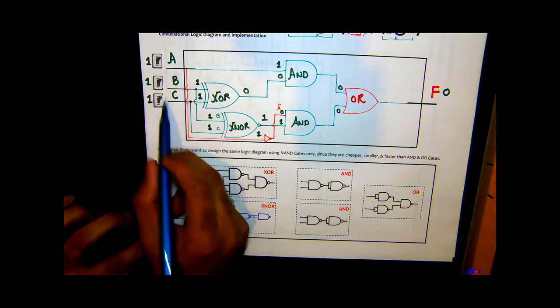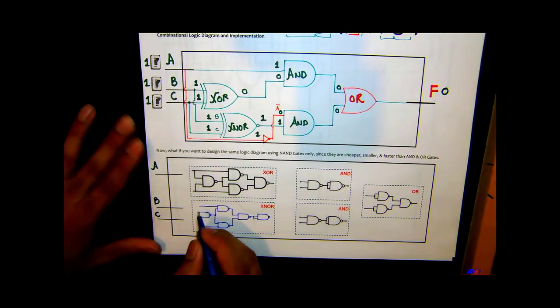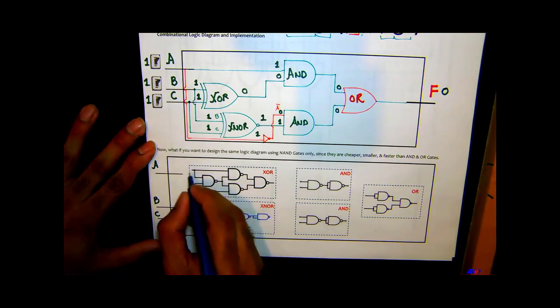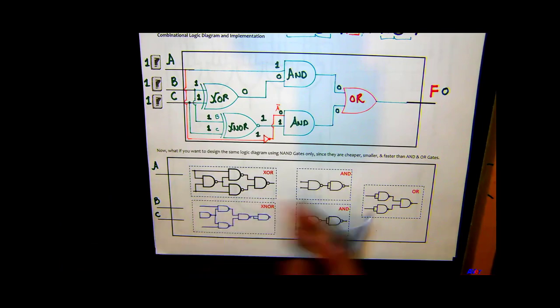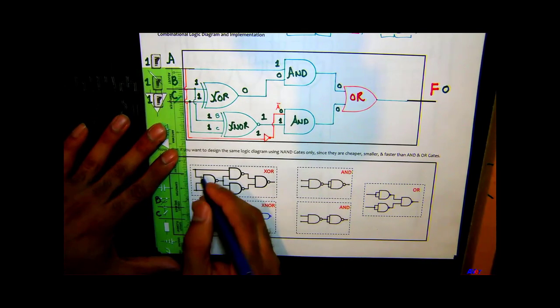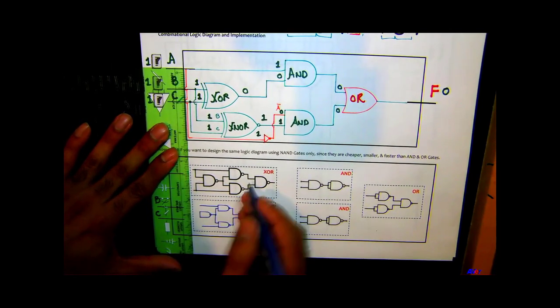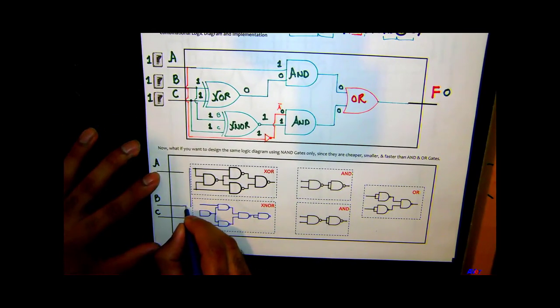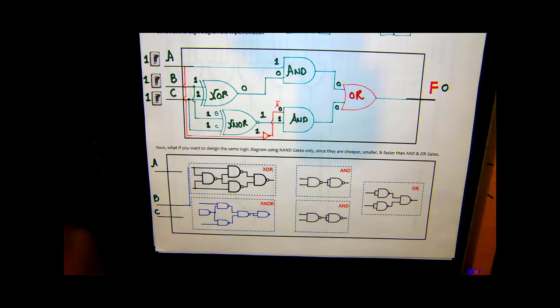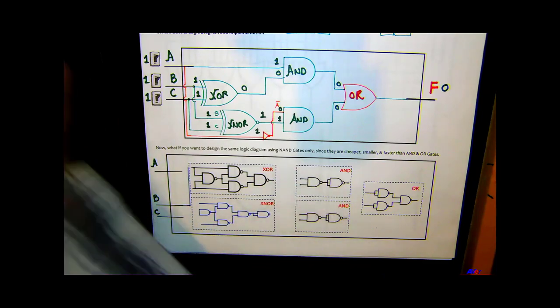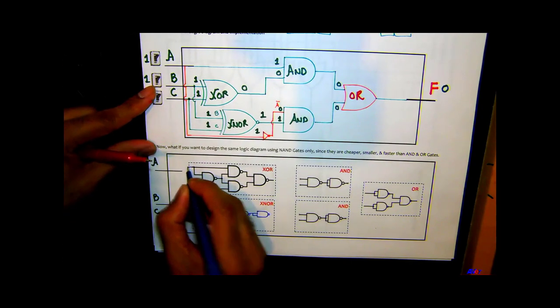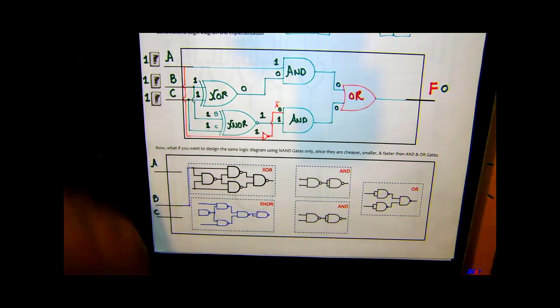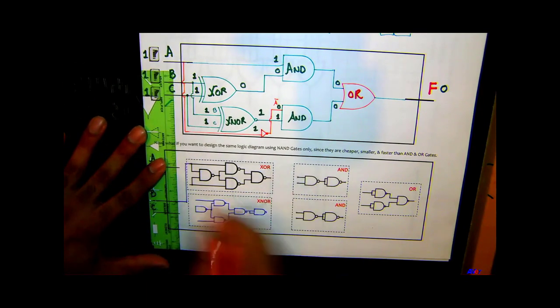Those are B and C, correct? So I will feed B and C into these right here. You can use different colors. I'm using this is my B, and this is my C right here.